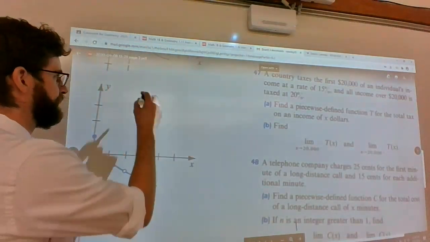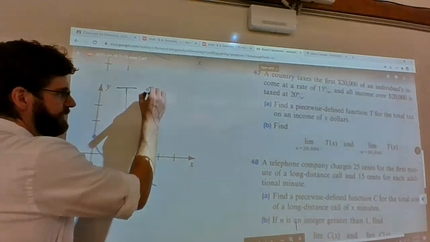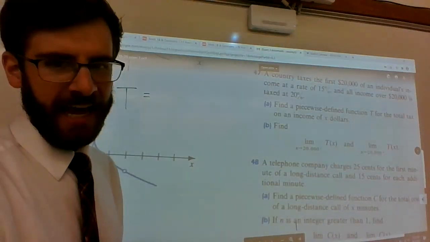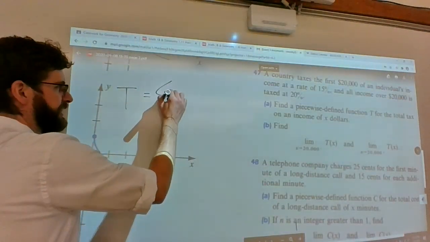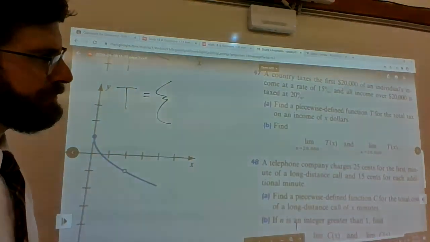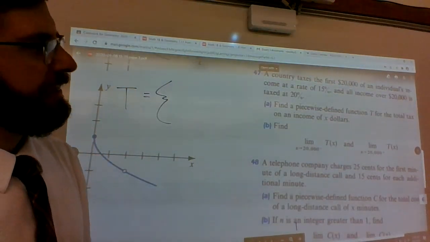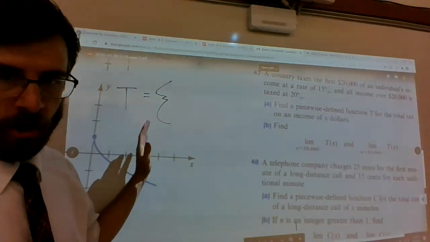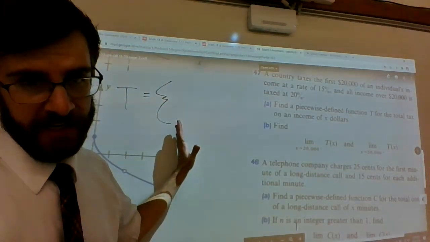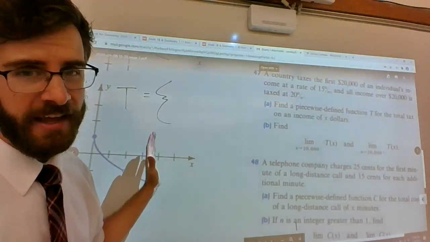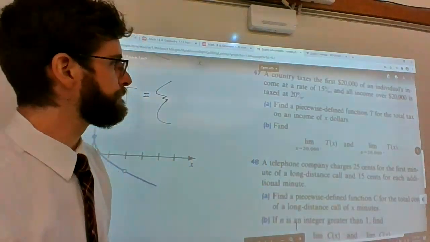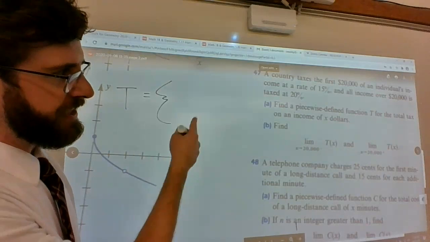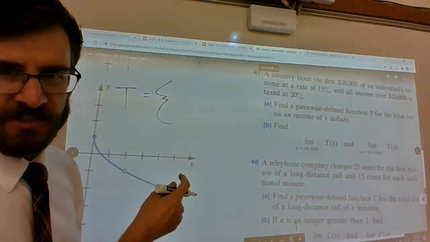So they're saying my function T, the amount of money I'm taxed, can be written as a piecewise. And it seems like x dollars, $20,000, would be the spot where our domain would shift between less than 20,000 and greater than 20,000. In fact, the language they use tells us which one's going to be equal to.